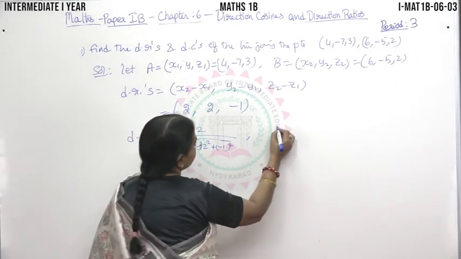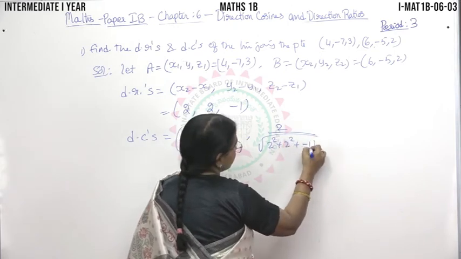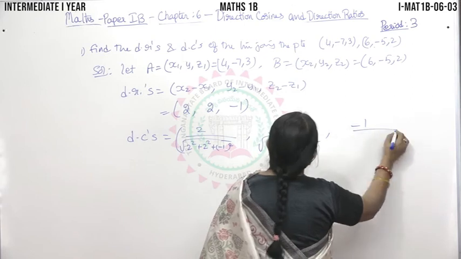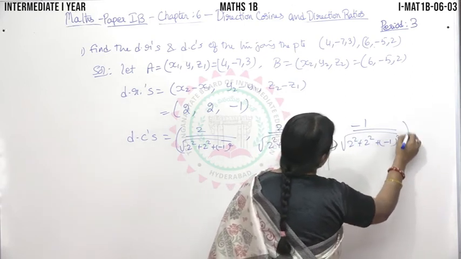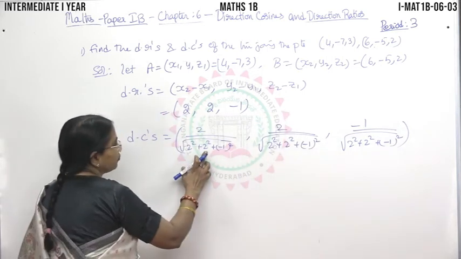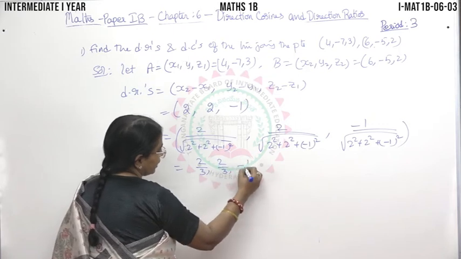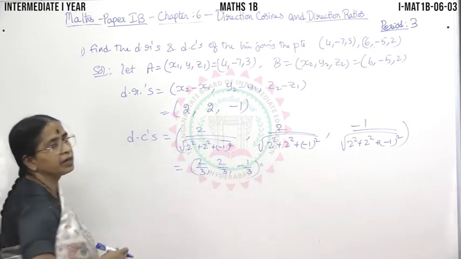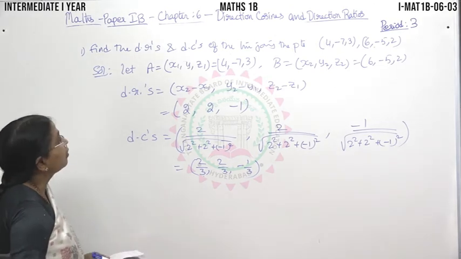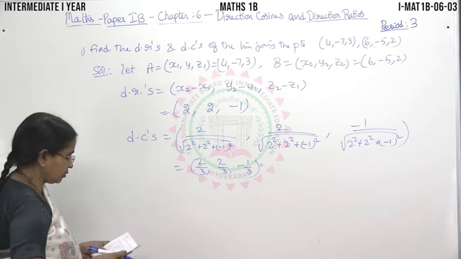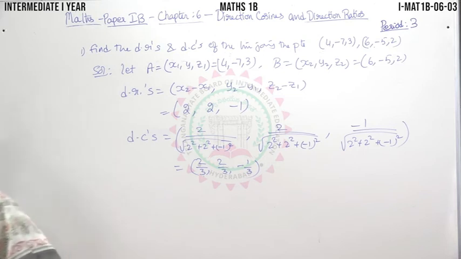Directly you write 2 by root of 2 square plus 2 square plus minus 1 whole square, and then minus 1 by root of 2 square plus 2 square plus minus 1 whole square. So 4, 4, 8, 9. That is 2 by 3, 2 by 3 and minus 1 by 3. Like this we find the direction ratios and direction cosines of a straight line passing through 2 points. Now the next example you can learn from the textbook. Next, third example.